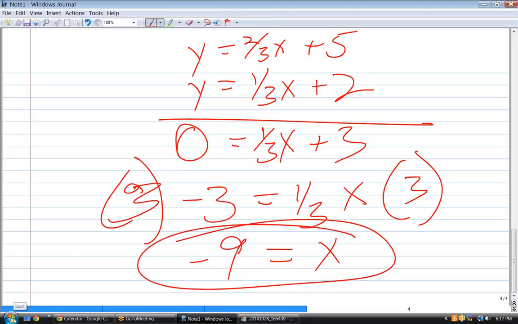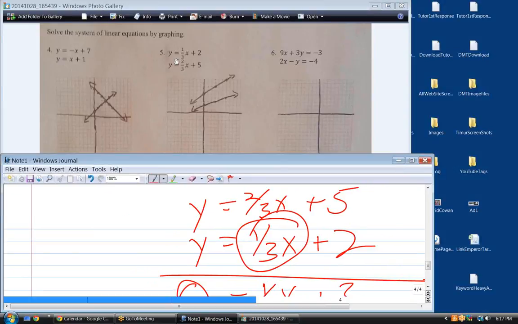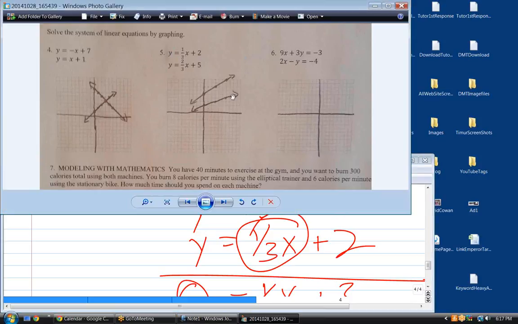I plug in minus 9 for that, and I get minus 3 plus 2y is equal to minus 1. So that's solving it algebraically. I didn't look at the graphs to solve it. I just subtracted the two equations from one another, and I knew that y would disappear. She wants you to do it graphically.